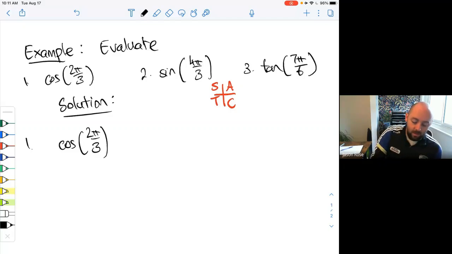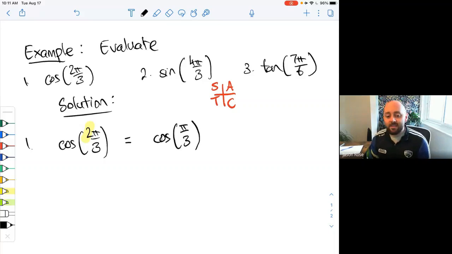So our technique is to drop this number here so that we just have cosine of pi over 3, and then decide in this original angle that we're working with, what quadrant is that angle in? Is that in the A quadrant, the S quadrant, the T quadrant, or the C quadrant? Can anybody write in the chat for me if you know what it is?